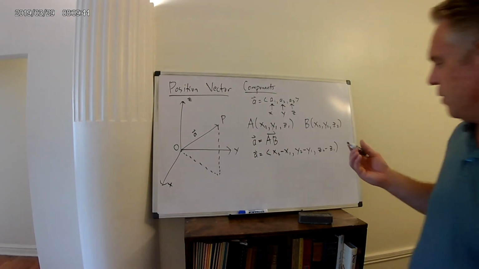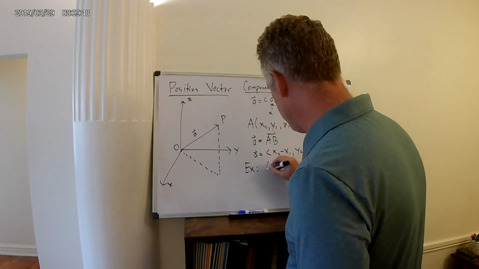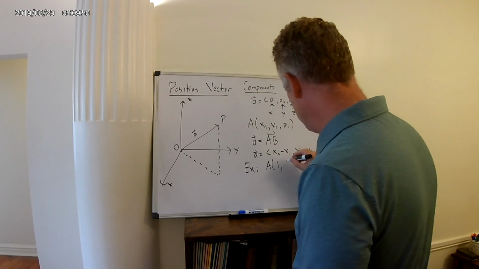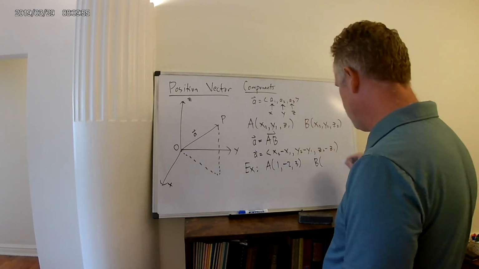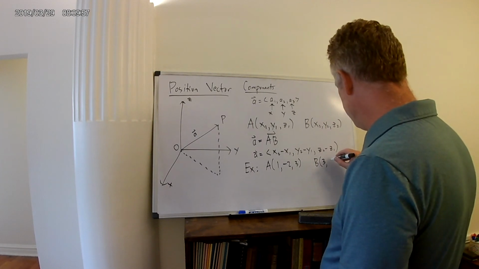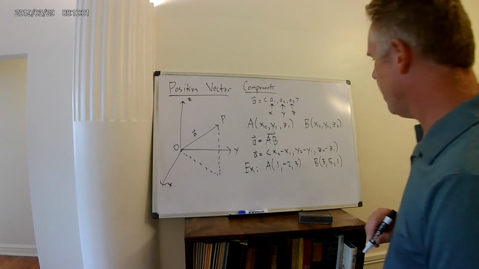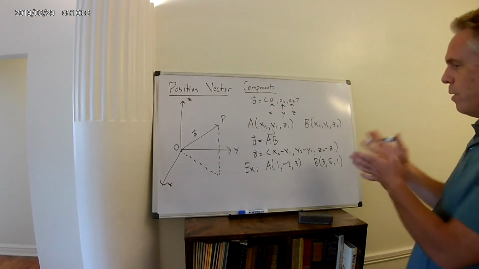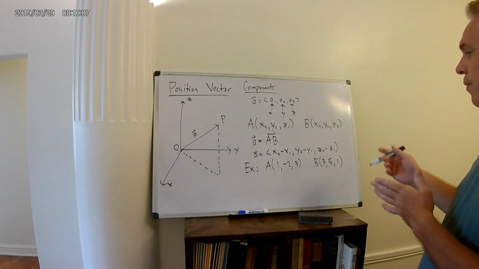Why don't I do a basic example and make up an example? Let's say point A is the point 1, minus 2, and 3, and point B is the point 3, 5, and 1, okay? So we have 2 points in space. We can create a vector connecting these 2 points, and we can then write the components here.